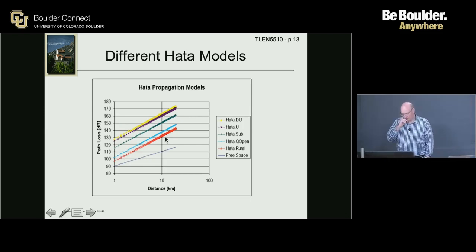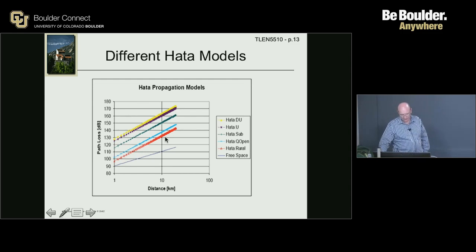So this is what happens when you plot them. At a given base station height of, I think I picked 100 feet for that one, or sorry, 30 meters, and 2 meter height of the mobile, plot all those models.